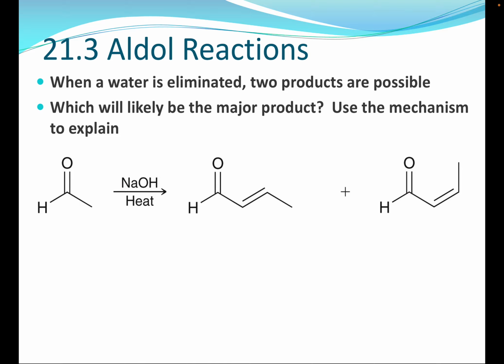So when we're making our alkenes, we of course can create two different stereoisomers. We can think of these as E versus Z. Technically, with the hydrogens, we could think of them as cis and trans, since we do have the same group. Think for a minute, which one of these do you think would be the major product?